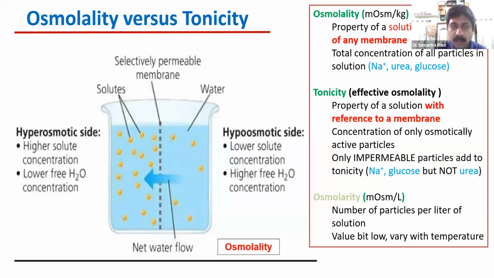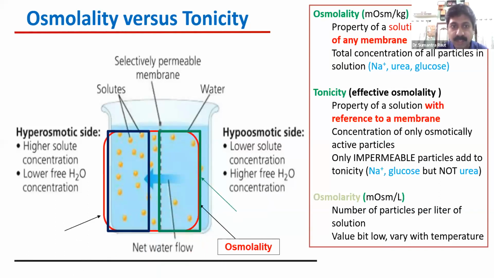Just a few lines on osmolality and tonicity. In a solution there are many solutes that contribute to the osmolality. But not all the solutes can cross the membranes easily. Whichever solutes cannot cross the membranes easily contribute to the effective osmolality, or tonicity. Solutes that are easily passable across the membrane contribute to osmolality but not to effective osmolality or tonicity.